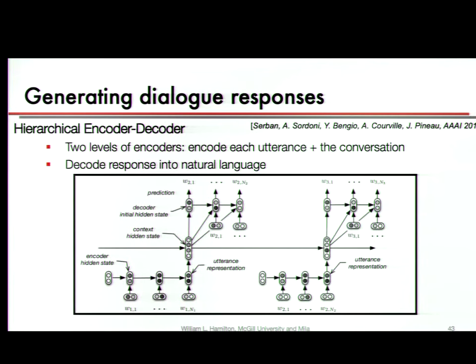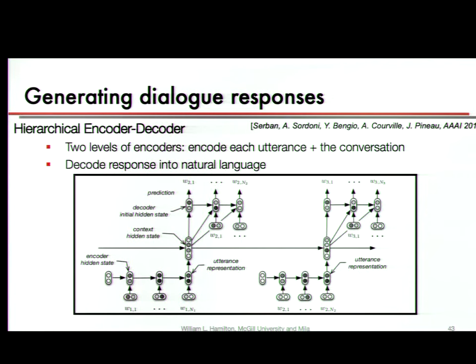I won't go into details, but this is actually work that was done a couple of years ago by Joelle Pineau's group here at McGill. If we're trying to hold a reasonable conversation, it's not just that we're generating individual utterances. We also want to keep around some information about the global conversation context. So the way that they do this is they actually have a hierarchical LSTM.